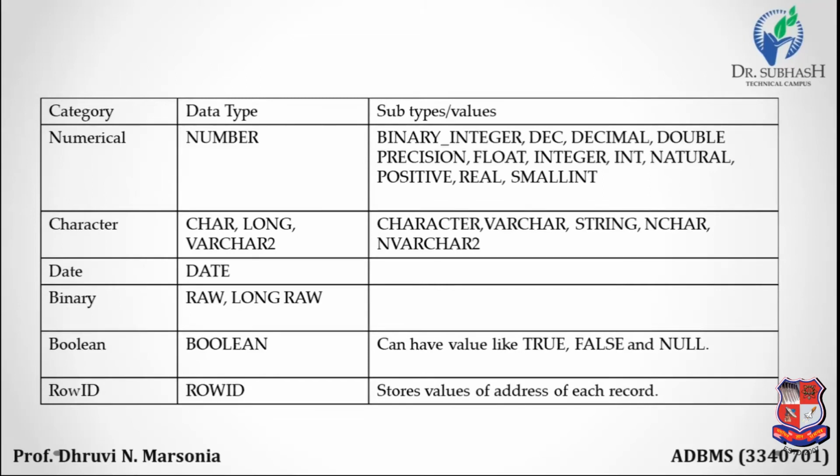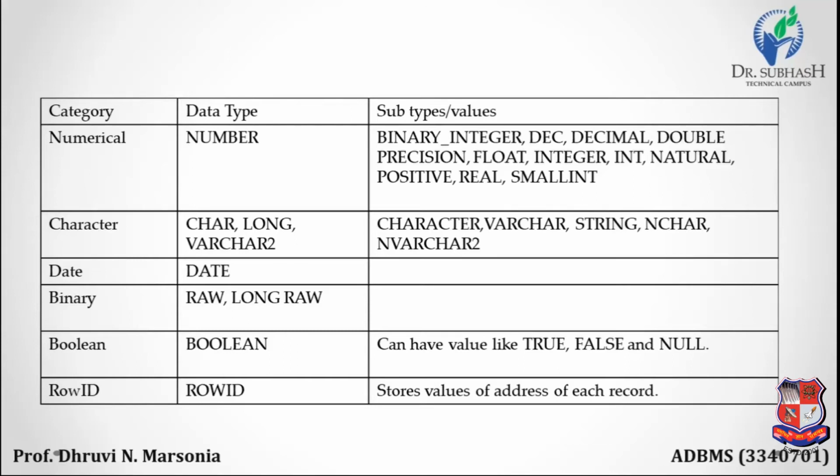For example, numerical data type: for any kind of numerical operations, we need the number data type. The sub data types of number are binary integer, decimal, double precision, float, integer, natural, positive, real, small integer. These are all the sub data types which are supported by PLSQL.